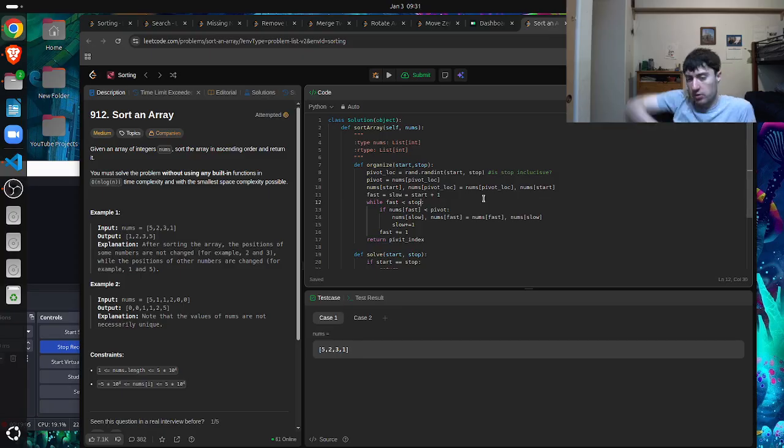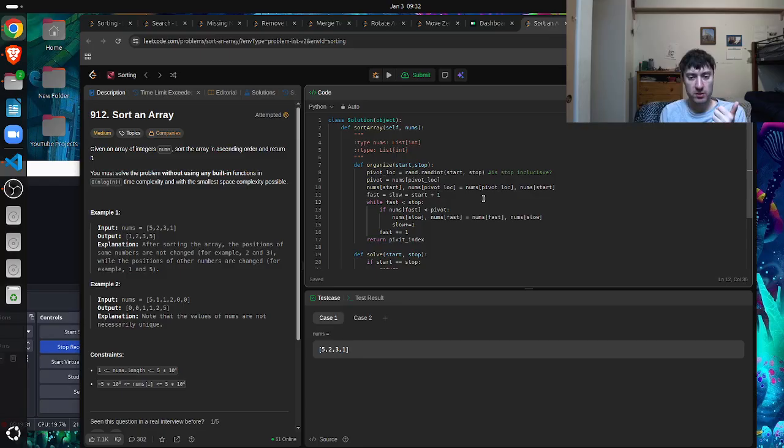My slow is only moving when I found an element. It's a little bit weird to think about because it's kind of an inversion of things, where it's the fast that is controlling things, right?